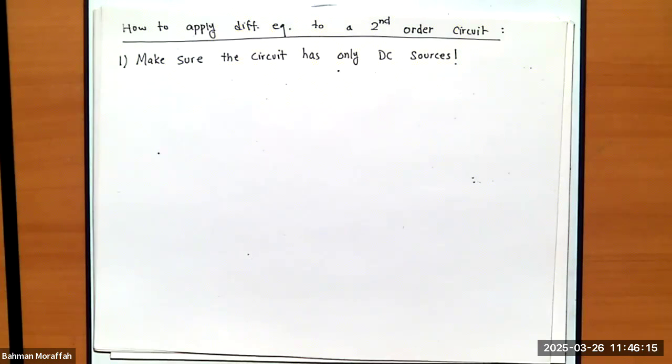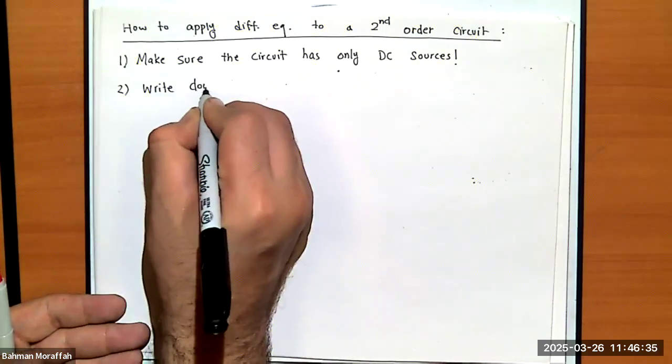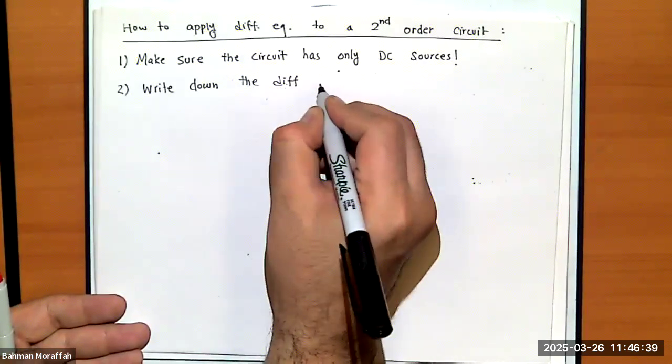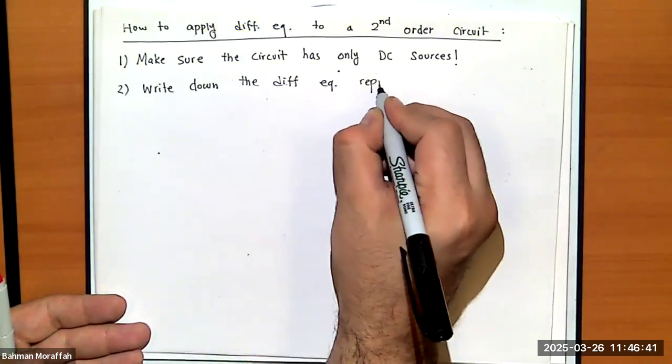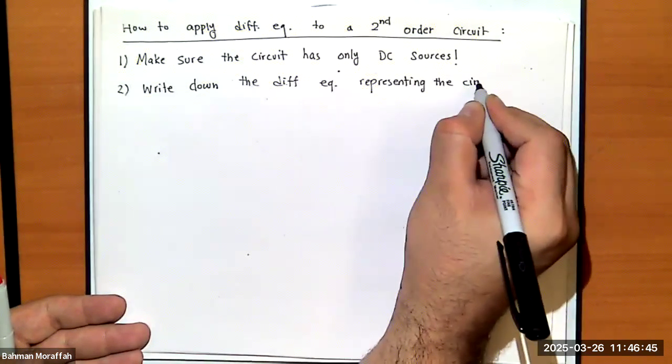Second step is to write down the differential equation that is representing the circuit. It does not have to be voltage across the capacitor. It does not have to be current through the inductor. It can be anything that's representing that circuit. So we write down the differential equation representing the circuit.